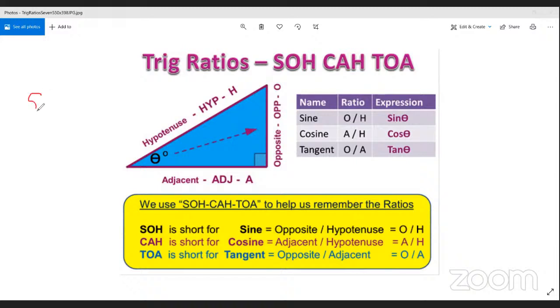Sine theta. You normally see it like this, sine theta. I think it's on the formula sheet. Sine theta equals opposite over hypotenuse. If you want to put O over H, that's fine. And then you have cos theta equals adjacent over hypotenuse.